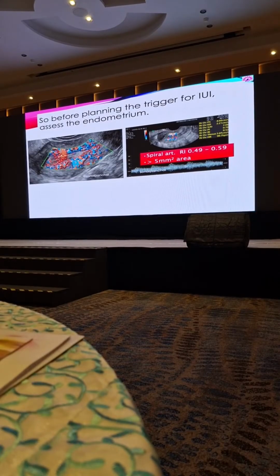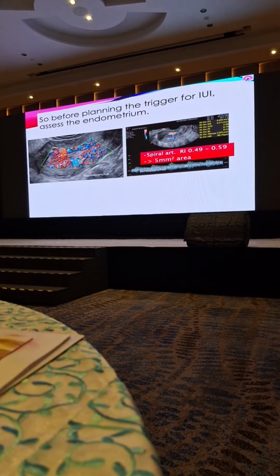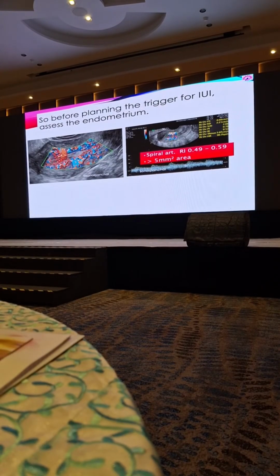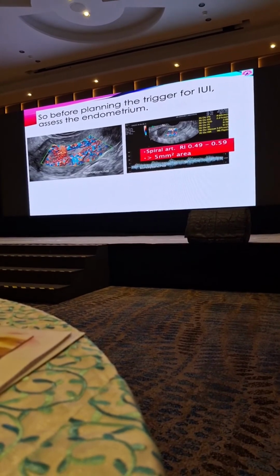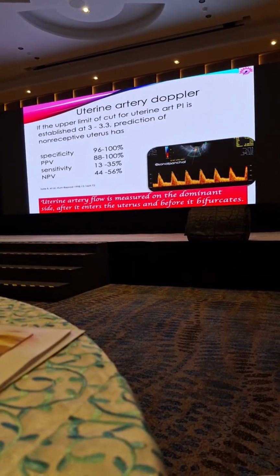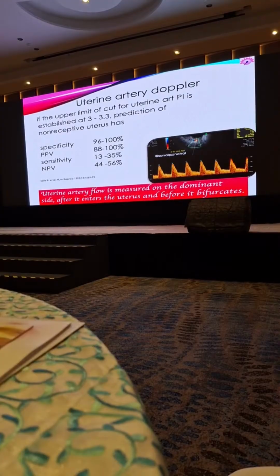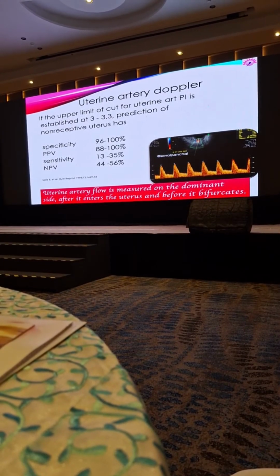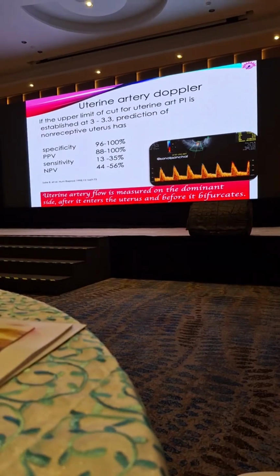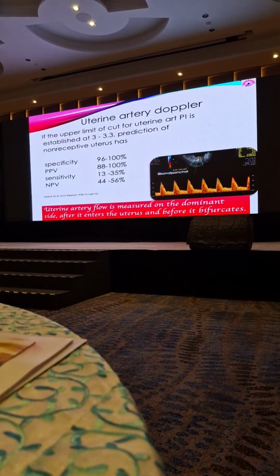But the vascularity should reach the inner layers, have an RI of less than 0.5, and there should be sufficient area vascularized to support the implanting embryo. But that is also not adequate. You should also confirm that the uterine artery PI is less than 3.2, and all these parameters together tell us yes, the chances of implantation are super, whether it's an IUI cycle or a fresh transfer IVF cycle.